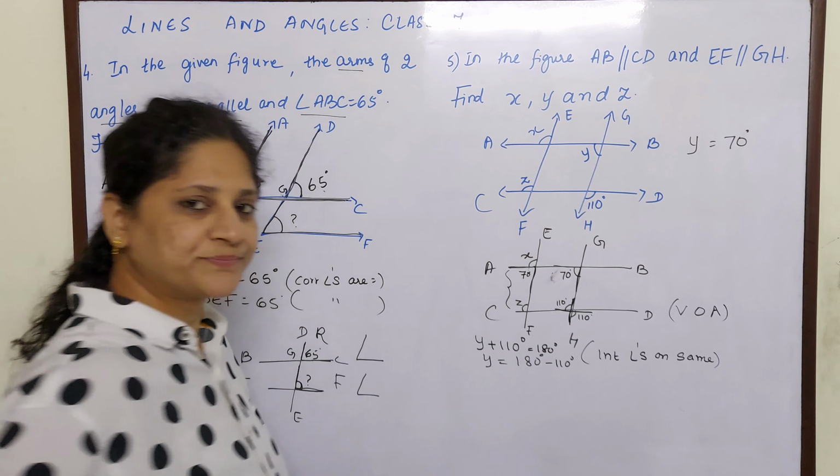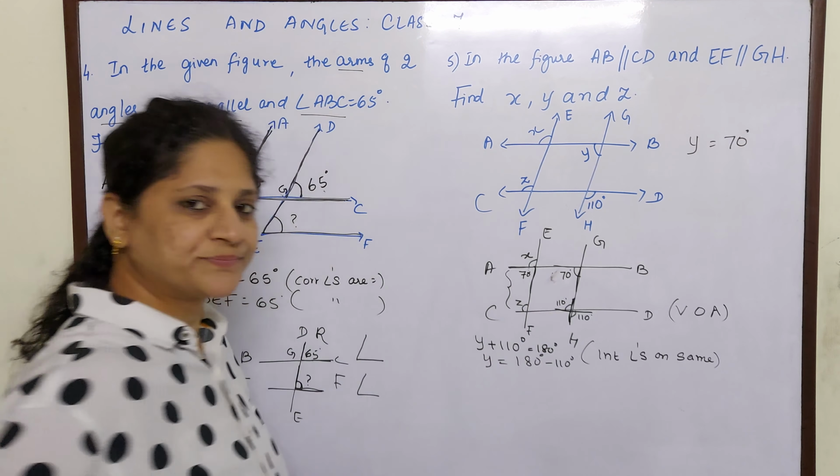And what do they form? These two together will form a linear pair. So 70 plus x will form a linear pair, because we have learnt whenever there is a straight line and a ray standing on it, they will be a linear pair. So x will be 110 degrees. Right? So if x is 110, what is z?